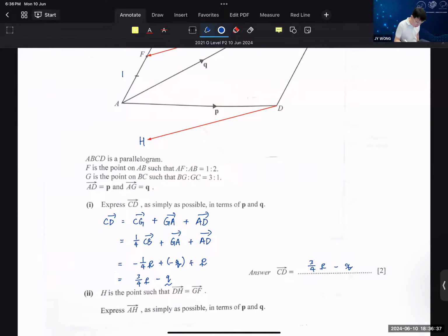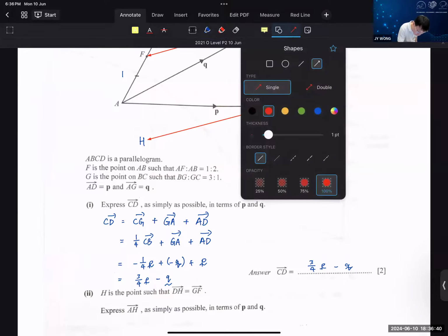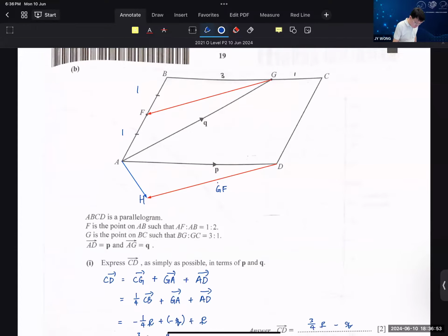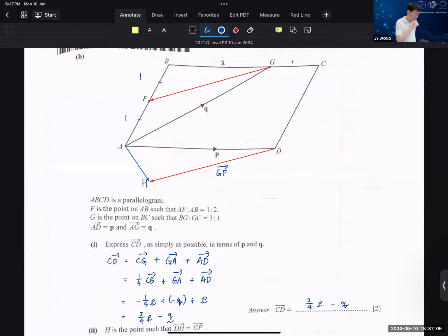AH will be here, right? So draw in AH. I use a different color. This will be AH. So this is GF, because DH is equal to GF. So in other words, from the diagram, AH will be A to D, then D to H, correct?